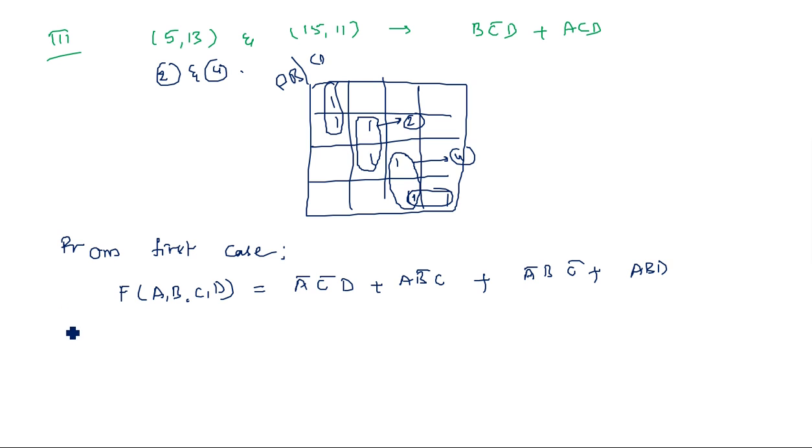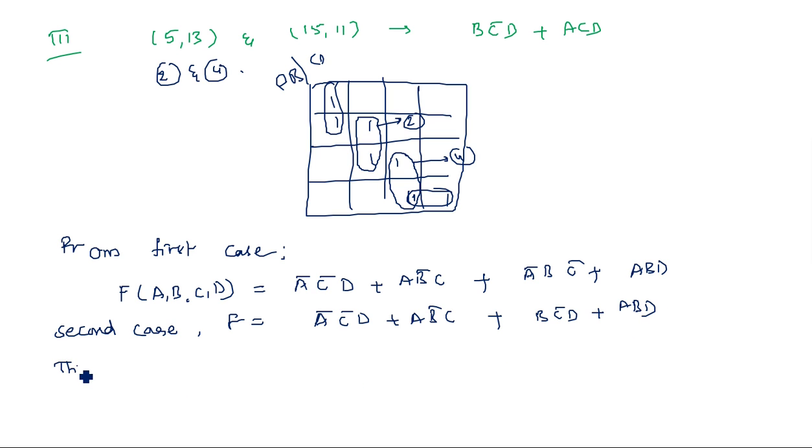This is from the first case. From the second case, F is equal to, these two are common, A bar C bar D plus A B bar C, plus BC bar D plus ABD.